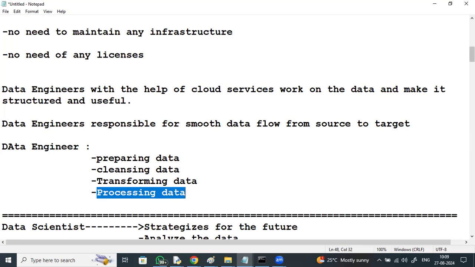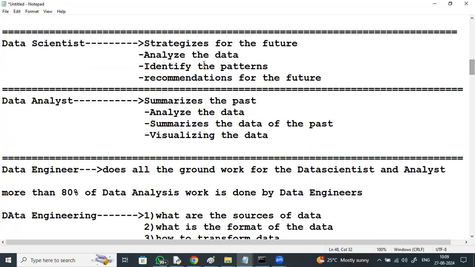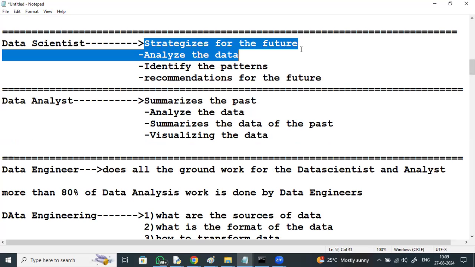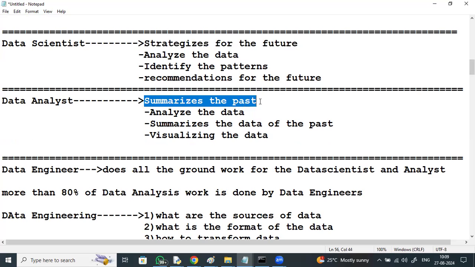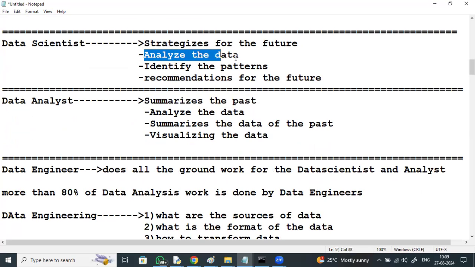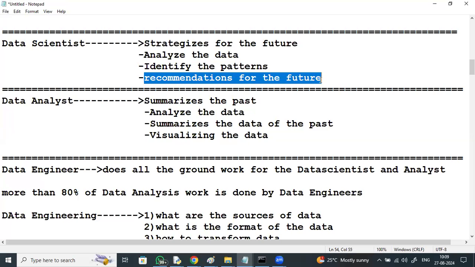Yesterday I was also briefing about the data scientist, data analyst, and data engineer. The data scientist strategizes for the future and the data analyst summarizes the past. The data scientist analyzes the data, identifies patterns, and makes recommendations for the future.